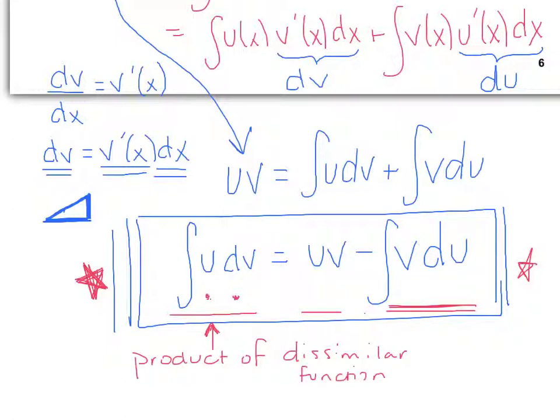We're going to use parts, and those dissimilar functions will be one function times the derivative of another one. If this second integral, the integral of v du, is not easier to integrate, we have done parts incorrectly and we'll have to go back and do something else. Okay?